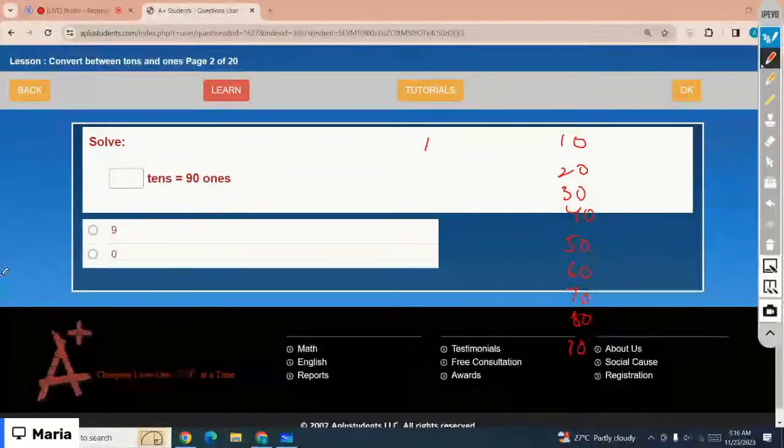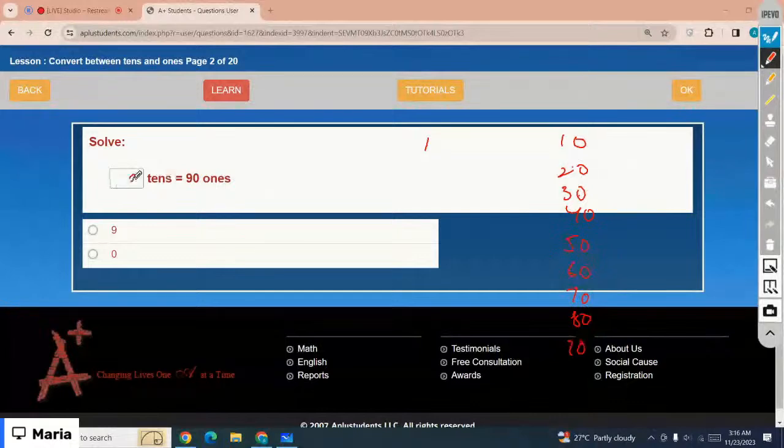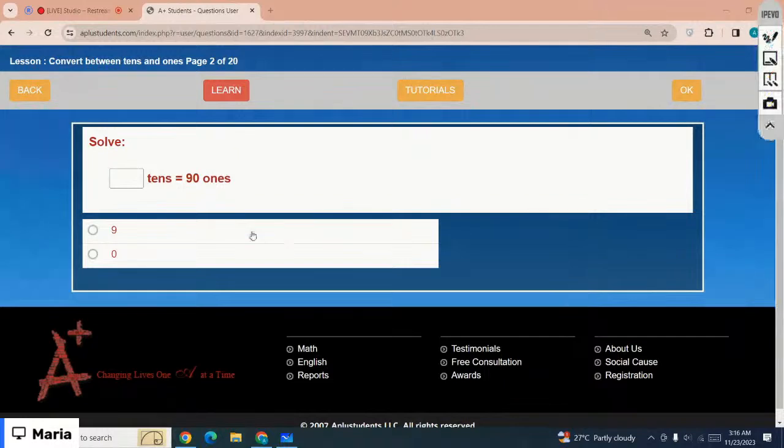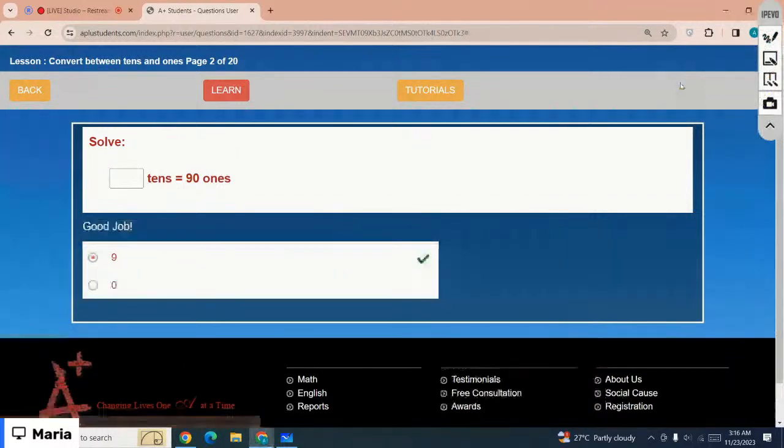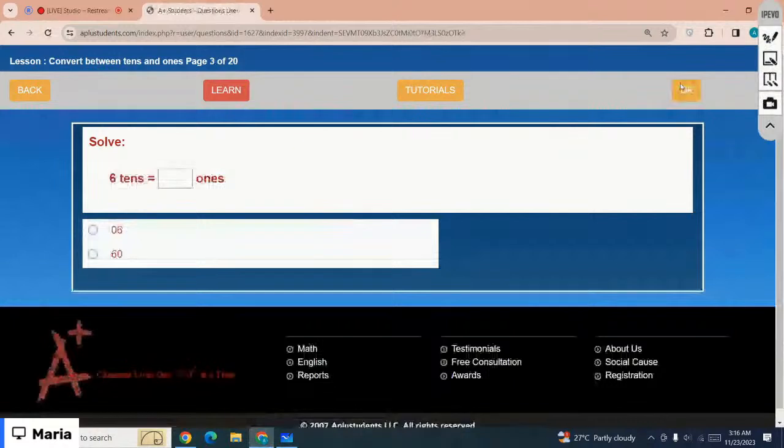These are the tens you have from 0 to 90. And how many times do you have 10? 1, 2, 3, 4, 5, 6, 7, 8, 9. That means you have 9 tens equal 90 ones. Yes, it is 9 tens. The correct option is 9 tens equal 90 ones. Okay, the next one is 6 tens equal how many ones?